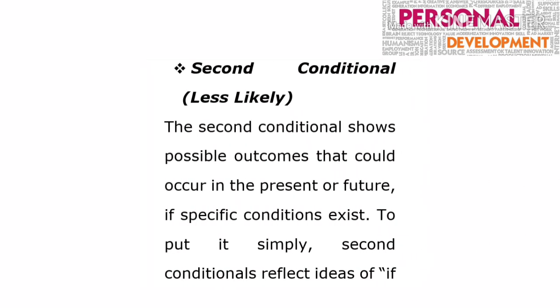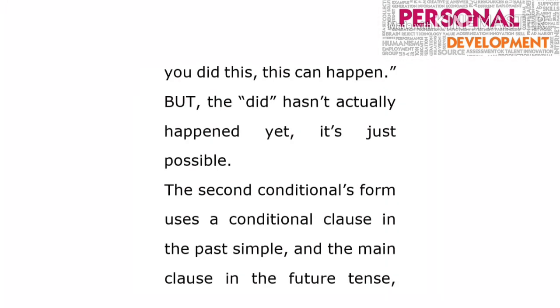Second conditional, less likely. The second conditional shows possible outcomes that could occur in the present or future if specific conditions exist. To put it simply, second conditionals reflect ideas of if you did this, this can happen, but the deed hasn't actually happened yet.